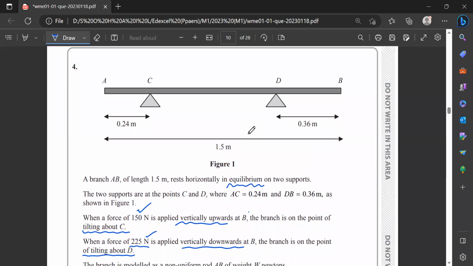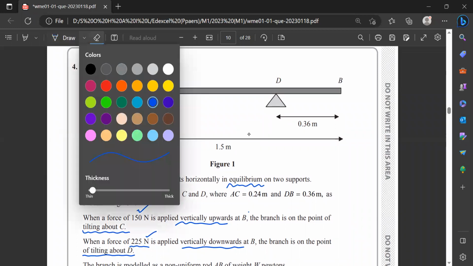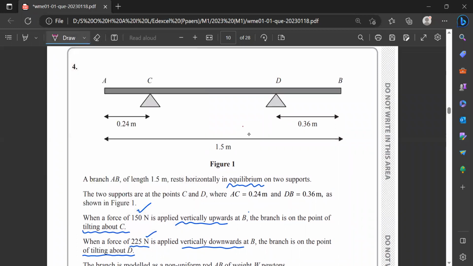So I'm going to show the forces and the lengths here. We have the center of mass, not exactly in the middle. This is W newtons, and the distance is x here. 0.24 here, 0.36 here, and the total length is 1.5.